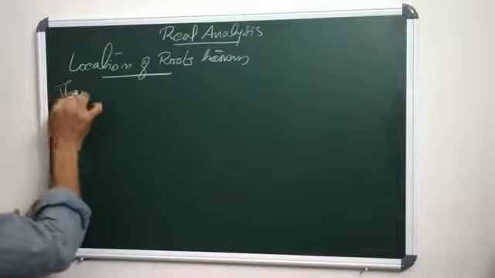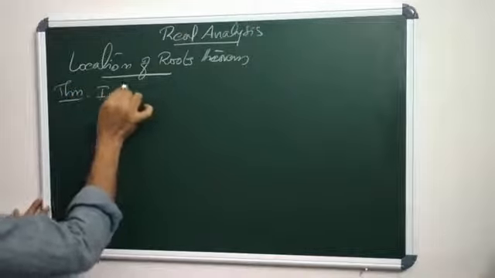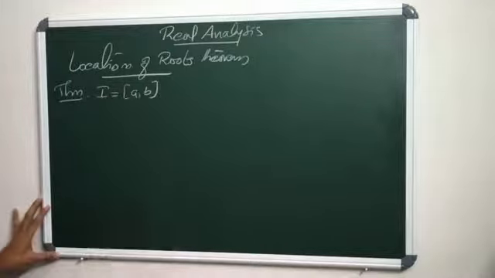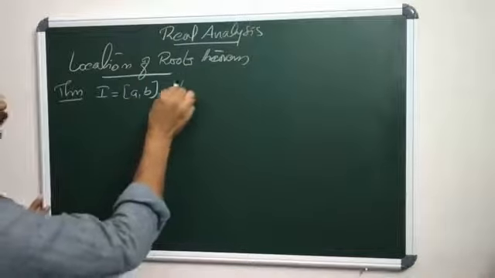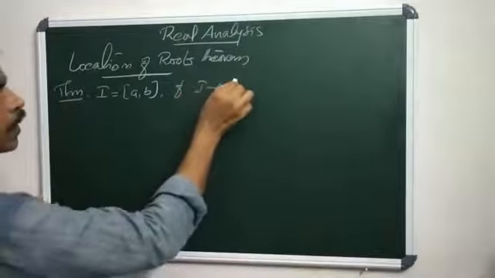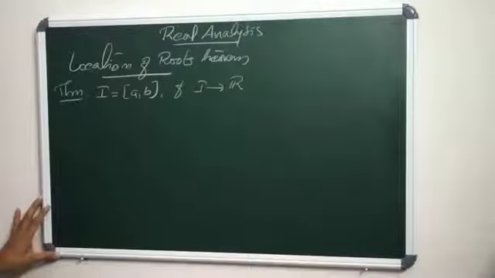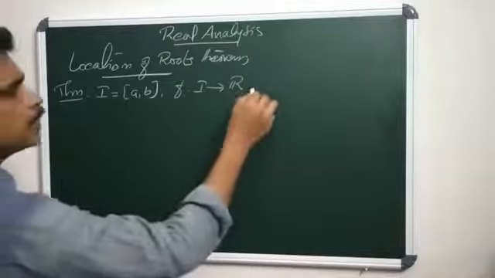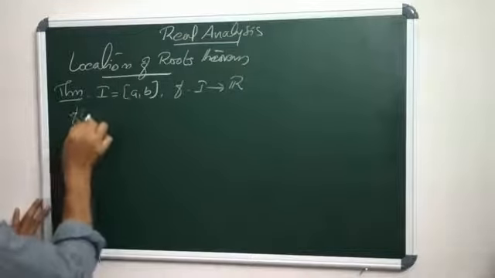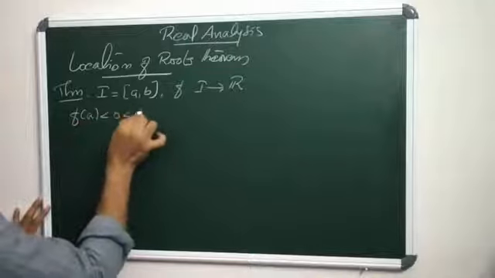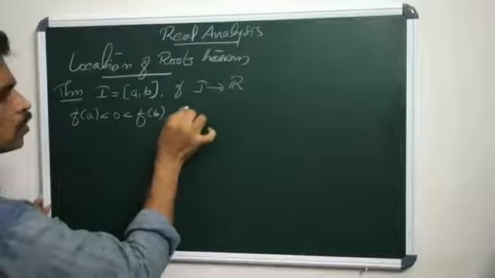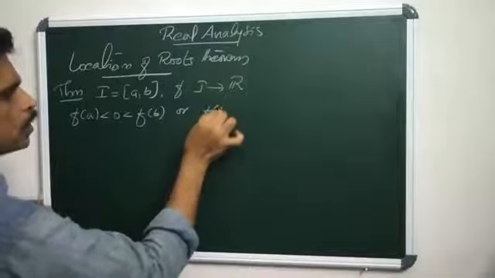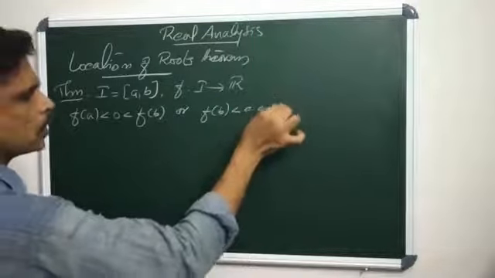Let I equals the closed interval [a, b] be a closed and bounded interval. Let f from I to R be a continuous function on I. And suppose that either f(a) < 0 < f(b), or f(b) < 0 < f(a).